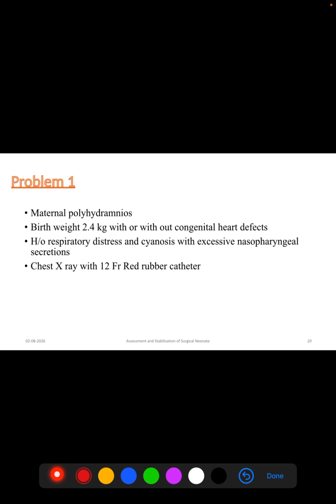So now we will discuss all the problems one by one. The first problem: there is a history of maternal polyhydramnios and a birth weight of 2.4 kg, which can be with or without congenital heart disease. Then there is a history of respiratory distress at birth, and also cyanosis with excessive nasopharyngeal secretions.